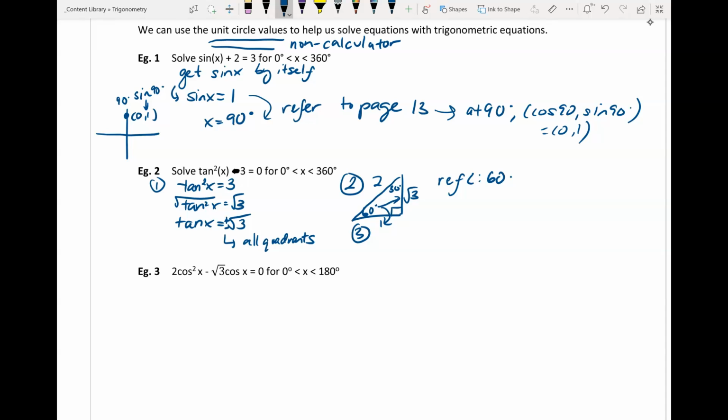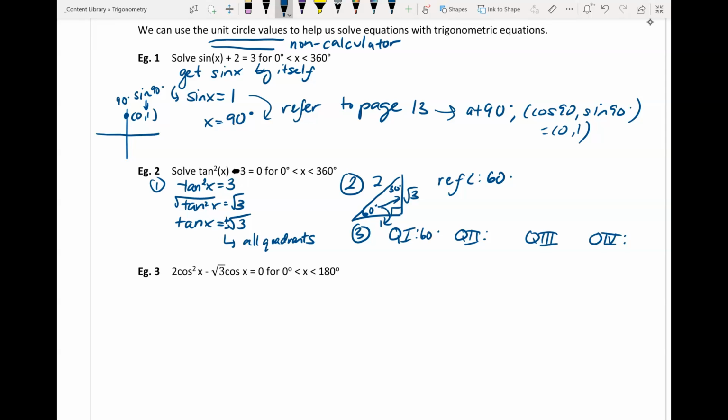Now we're going to find our angles in quadrant 1, quadrant 2, quadrant 3, and quadrant 4, because that plus or minus we found in step 1 indicates we need to find an angle in all 4 quadrants. So 60 degrees is already in quadrant 1.